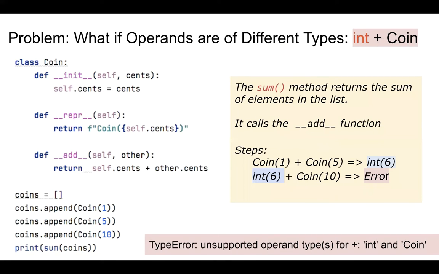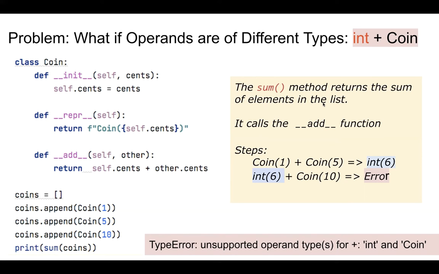Now, what if the operands are different types? What if I want to do int plus a coin? I want to print the sum. The sum method returns the sum of elements in the list. So it returns an integer value.